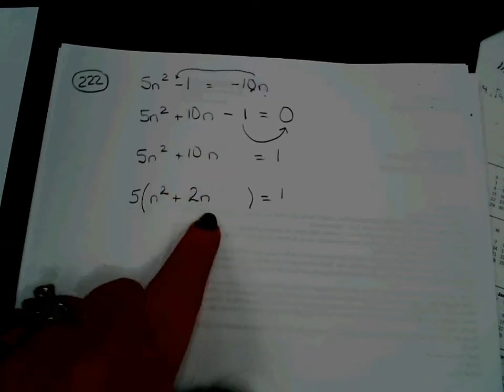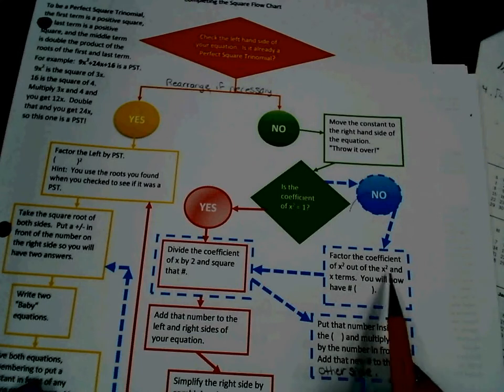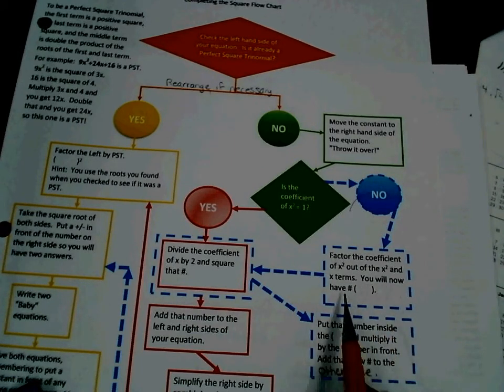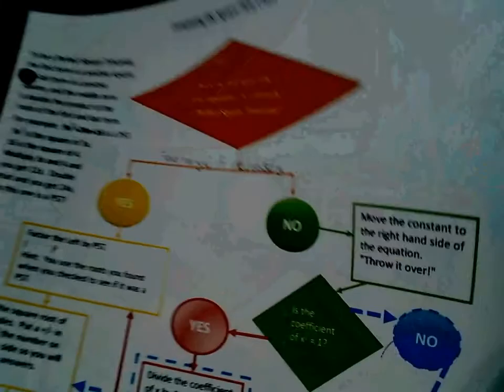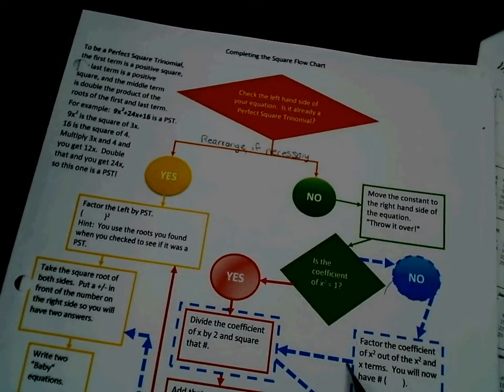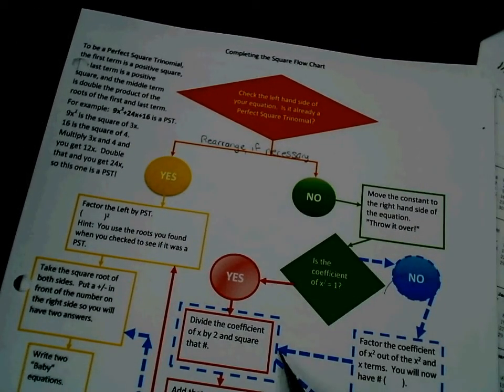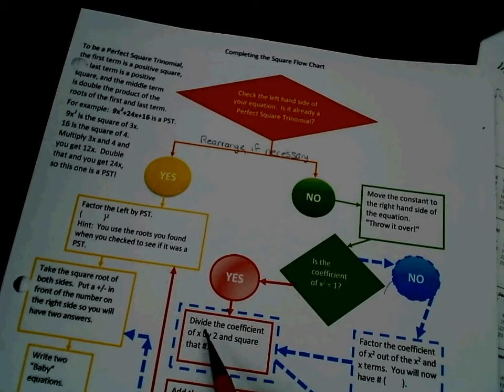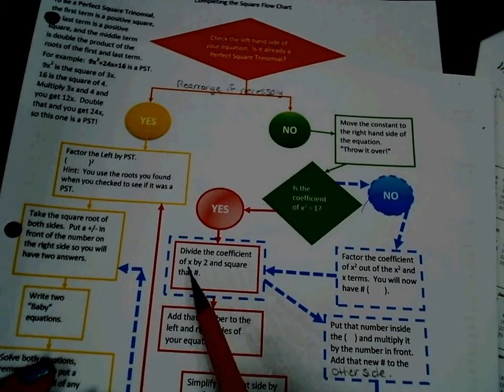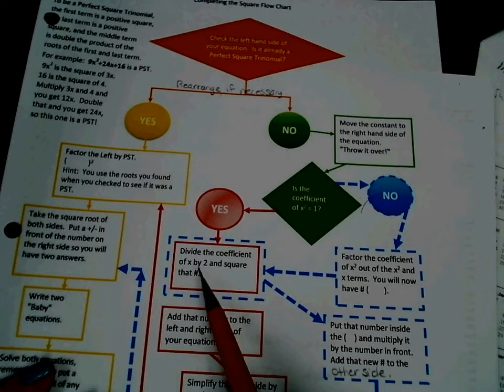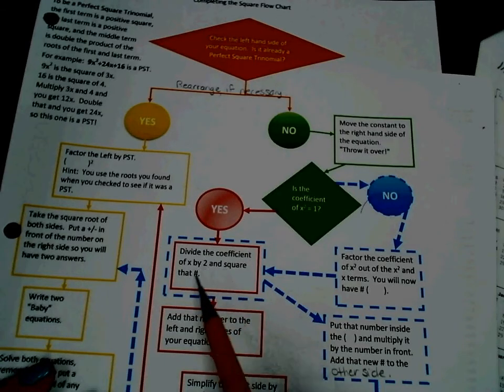Okay? So here's where I am on my flowchart. Factor the coefficient of x squared out of the x squared and x terms. You will now have a number in parentheses. And I do. Now, I follow the arrow. It goes bip, bip, bip over here. And it says, divide the coefficient of x by 2 and square that number.